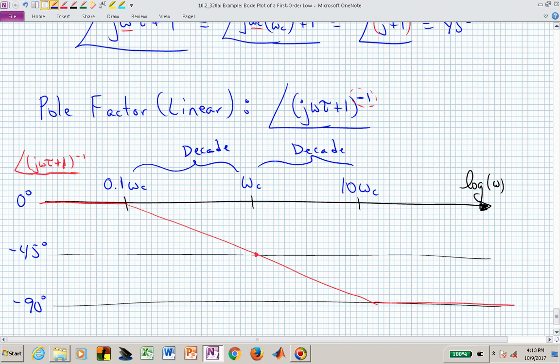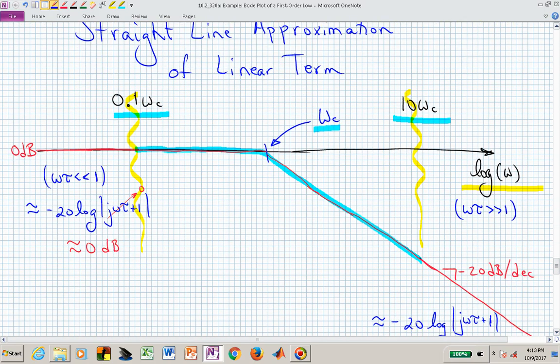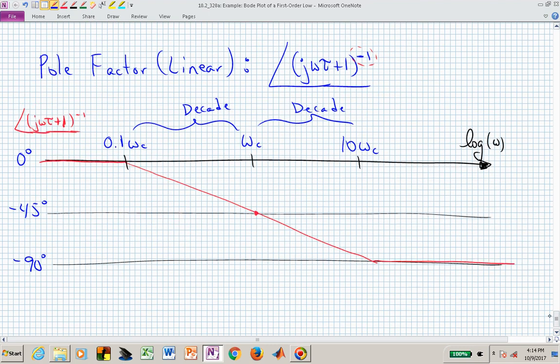Here is the straight line approximation for the phase. The straight line approximation for the magnitude, again, goes flat until the break, and then it slopes at minus 20 decibels per decade. The phase curve is flat until a decade before the break.